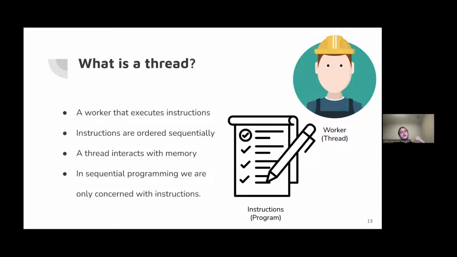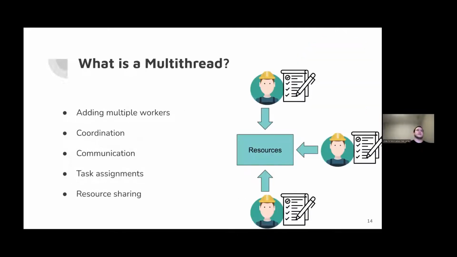A thread can interact with other threads, mostly through memory, although there are some other mechanisms that can be used to make the interaction between multiple threads. And also, most of the time, when we talk about a thread, we are talking about sequential execution of instructions. So when we are thinking of how we execute programs in threads, what we are thinking is how we give the thread the sequence of instructions that that particular thread has to execute.